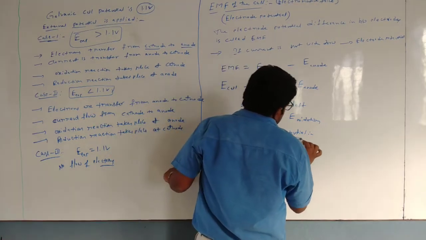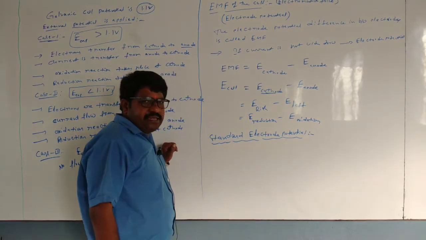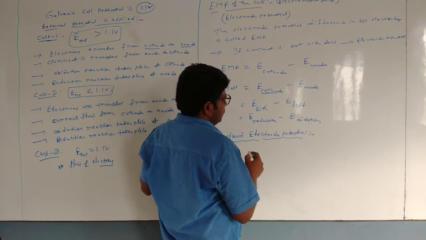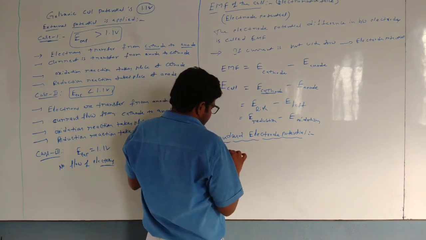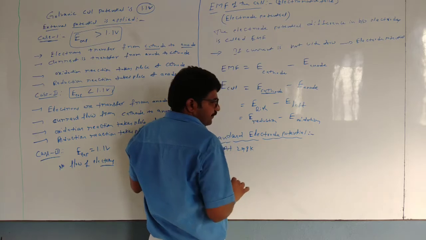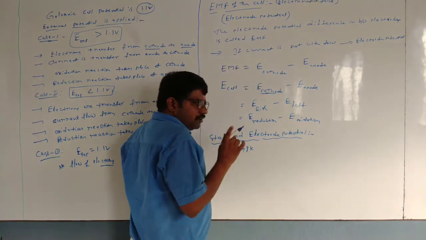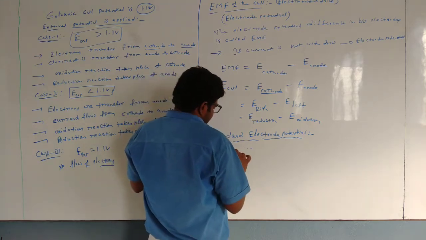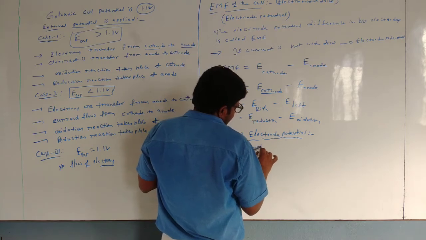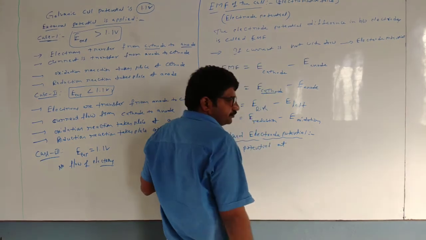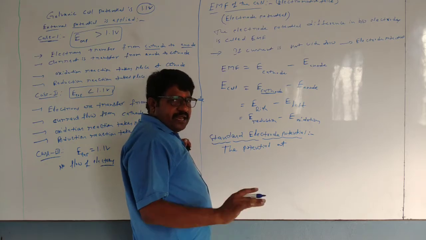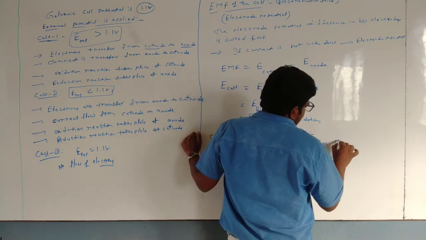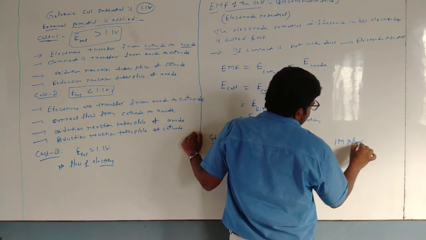So the electrode potential at 298 Kelvin in 1 molar solution is called what? Standard electrode potential. Standard means at standard conditions, that is at 298 K in 1 molar solution.